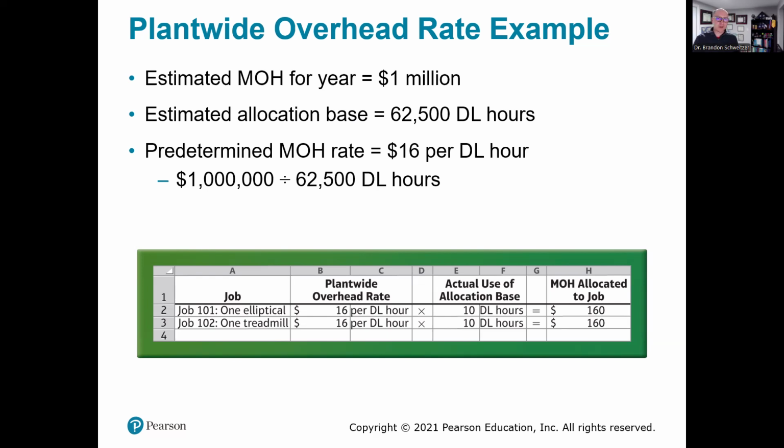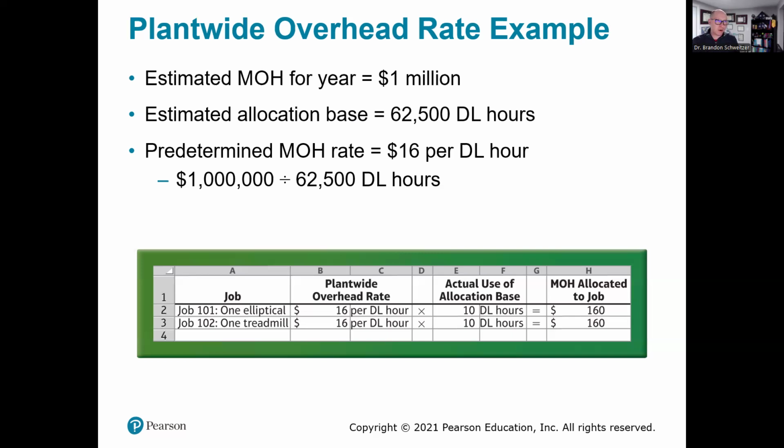The first thing we have to do is figure out the hourly rate per hour. In this case, it's $16 per direct labor hour. So here we go. We have our $1 million for the year divided by our 62,500 direct labor hours, and that gives us our manufacturing overhead rate, the single plant-wide rate.